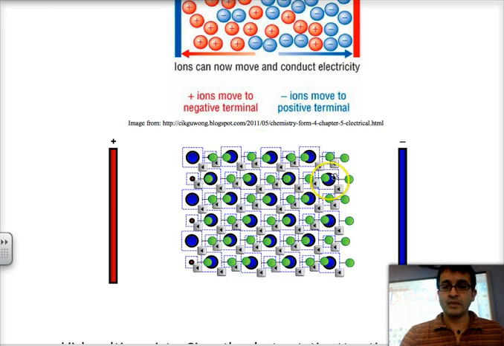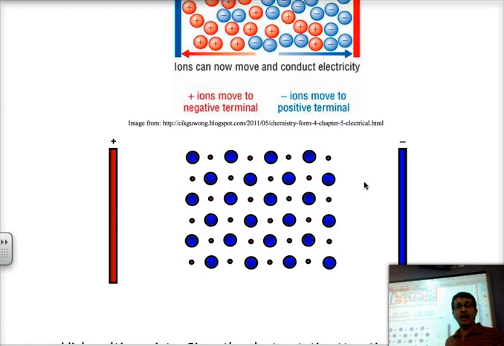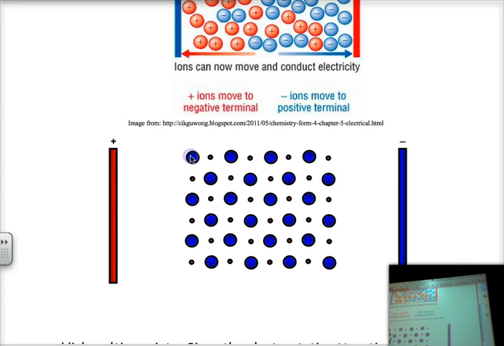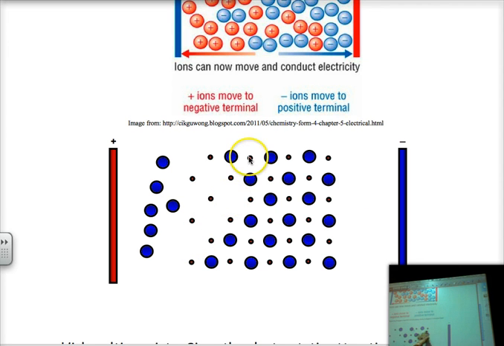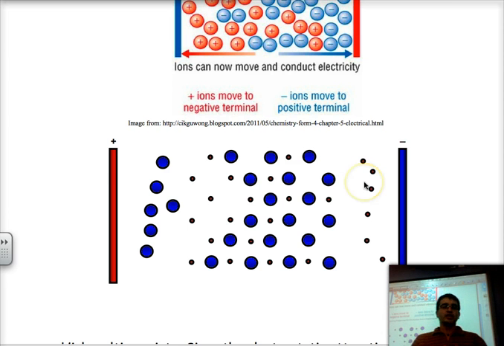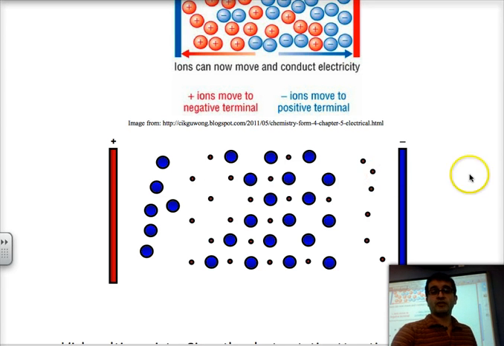But if instead we have them independent, now the negative ions, represented by the blue, are going to be moving more towards this direction, bringing the negative charge to this side, and some of the positive ones will start moving over in this direction. Whoop, too far. That motion of ions towards one side or the other, depending on their charge, is what carries electricity across. And this will happen whether you are in solution, in the liquid phase, or in the molten phase.